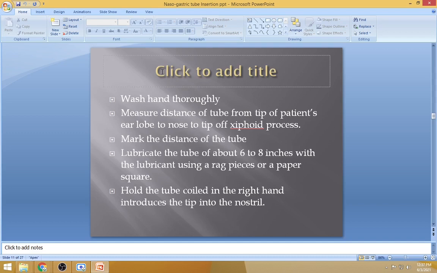After that, lubricate the tube about 6 to 8 inches with the lubricant using a raised piece of paper square. After that, hold the tube coiled in the right hand and introduce the tip into the nostril.